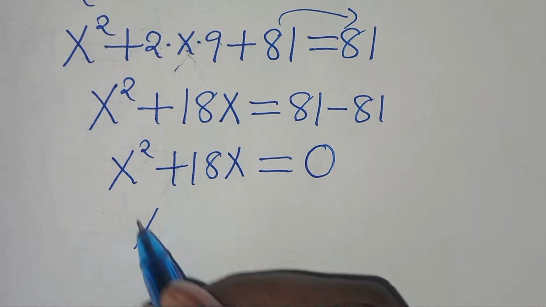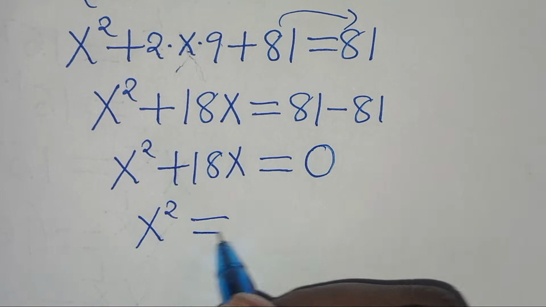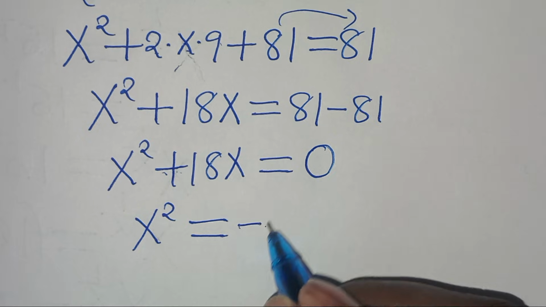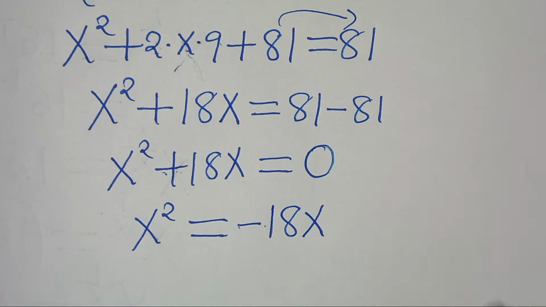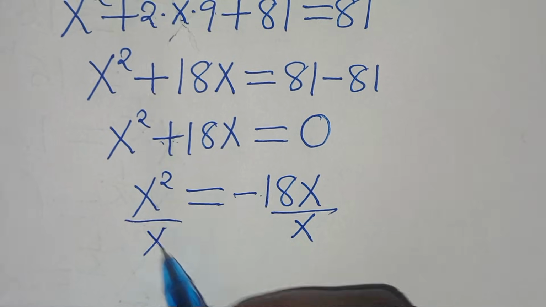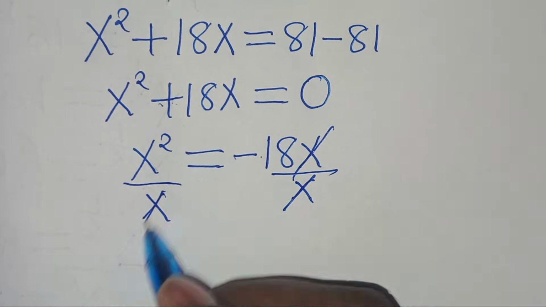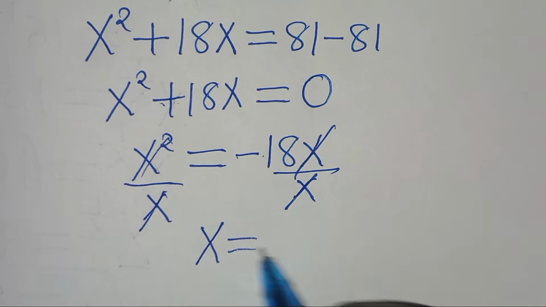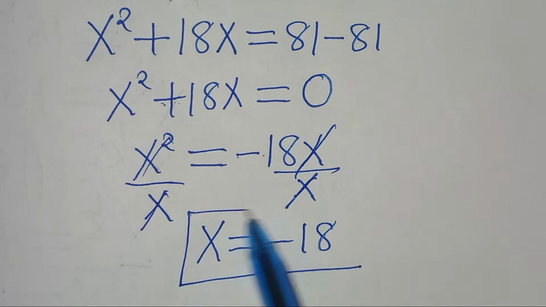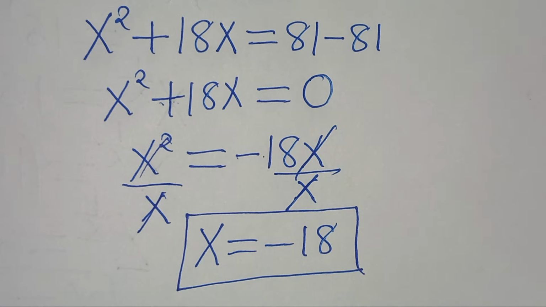So x^2 is equal to, let's take plus 18x to the right hand side, which becomes minus 18x. Let's divide both sides by x, so that x is equal to minus 18. So this is the value of x. x is equal to minus 18. So this is by applying method 1.